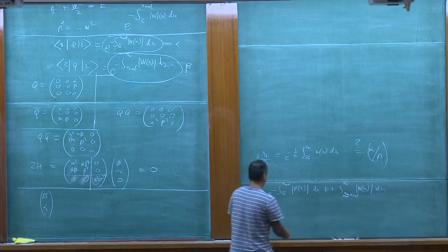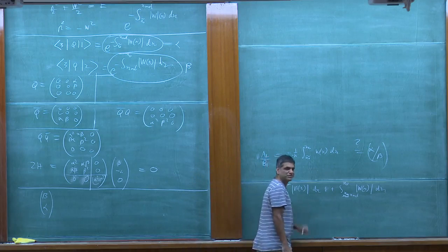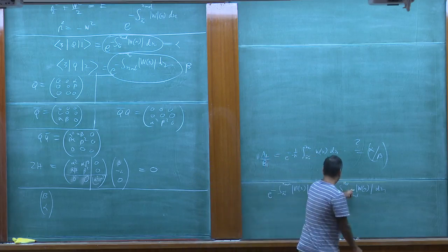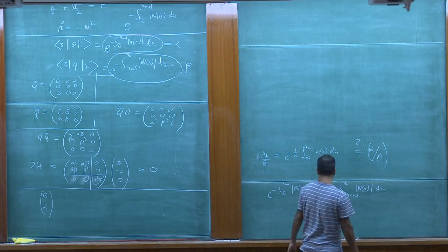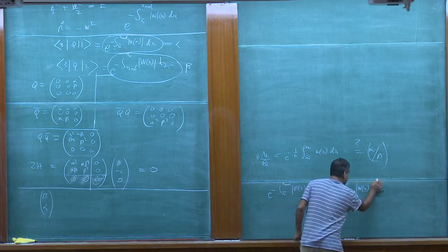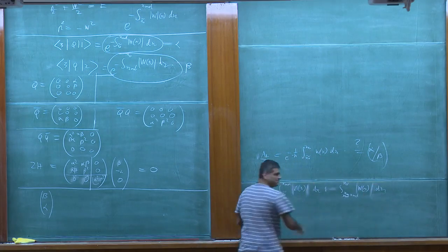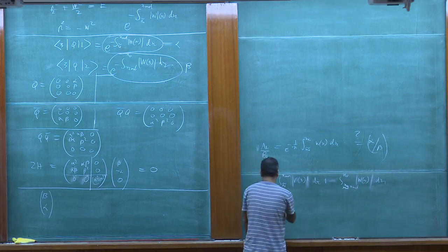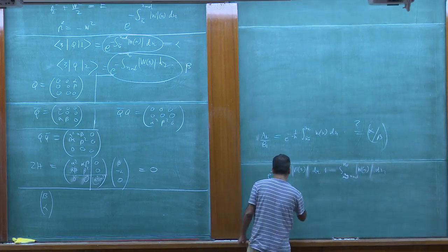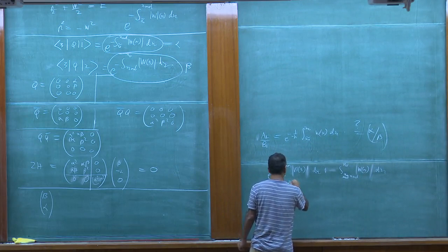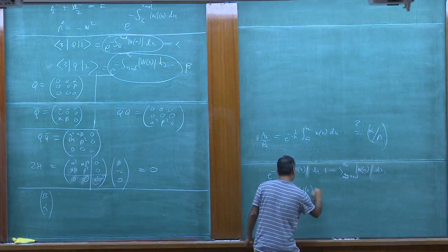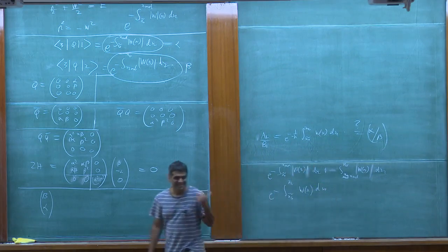But then we used that mod made no difference because it was positive. But here mod made a difference. So we can make this minus and take out all mods. And that's equal to e to the power minus the integral from x naught tilde to x naught of w of x dx. Exactly as we expected.